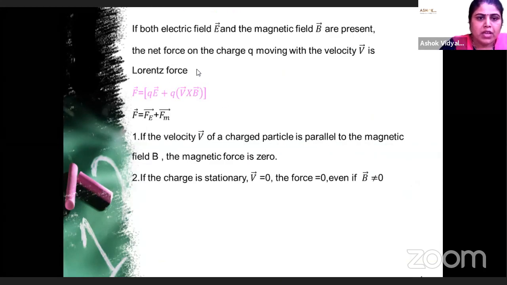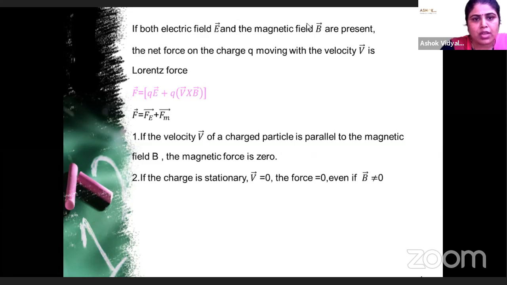Now see, this is a very important concept. We see what happens when a magnetic field is applied and what happens when an electric field is applied. Now, if both electric and magnetic fields are present, then the net force on the charge Q moving with a velocity v bar is called the Lorentz force.